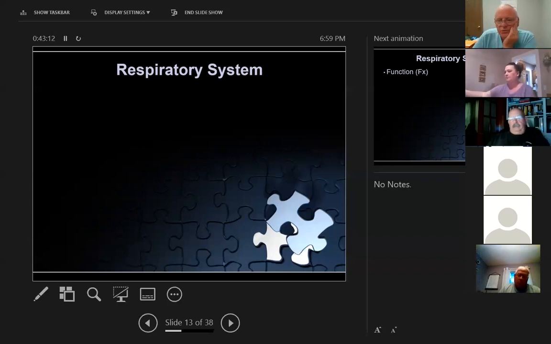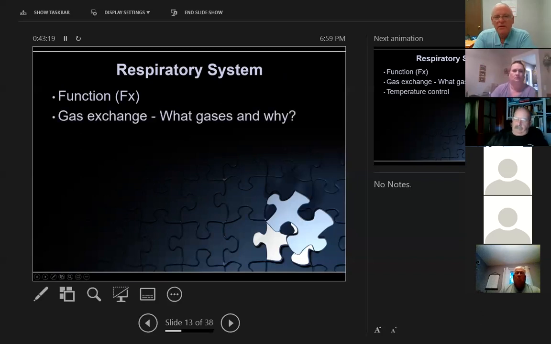All right, let's do the respiratory system first. So I'll start out with functions. I just put the FX there for now. The main function of the respiratory system is something we call gas exchange. So the question is, gases, what gases and why? Well, I think the obvious gas is oxygen, right?